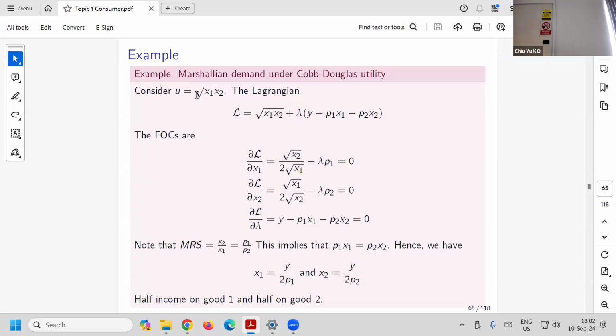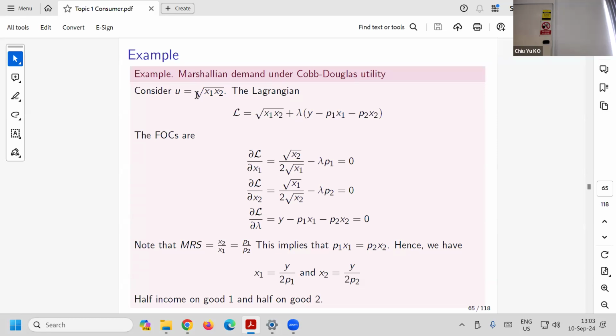But even without solving, okay, you can start from economics, okay? Economics will tell you, you take these two equations and divide them, there's no lambda left, right? When there's no lambda left, you look at the MRS, right? It turns out to be x2 over x1, which you can do by yourself, equal to the price ratio, okay?